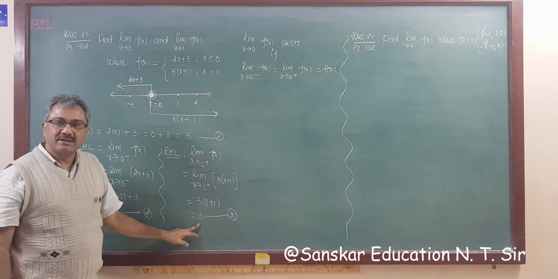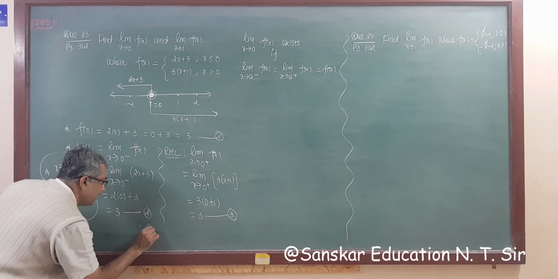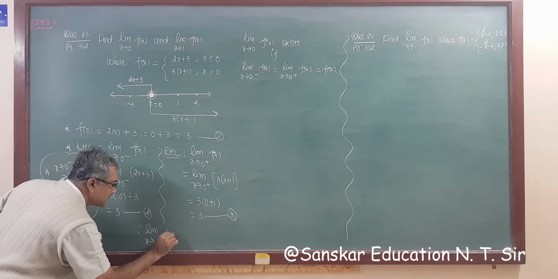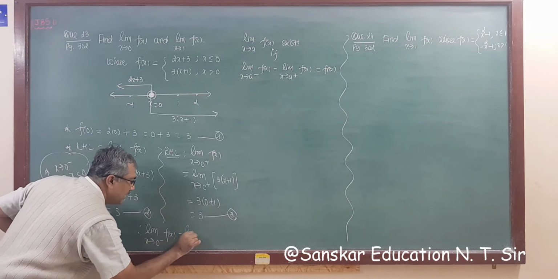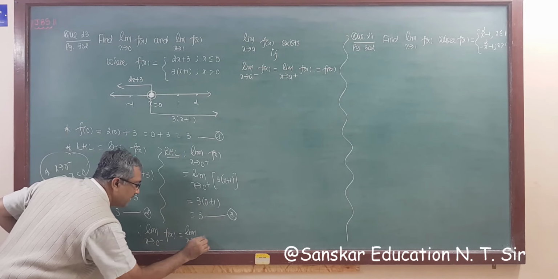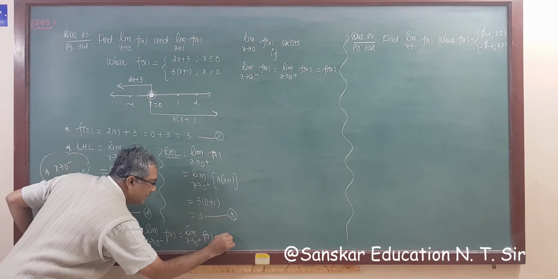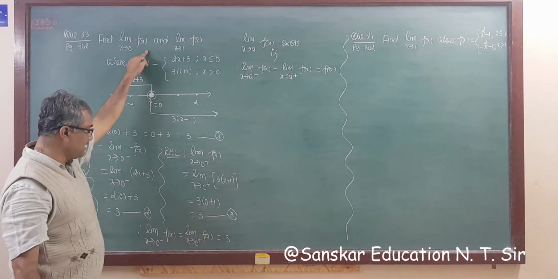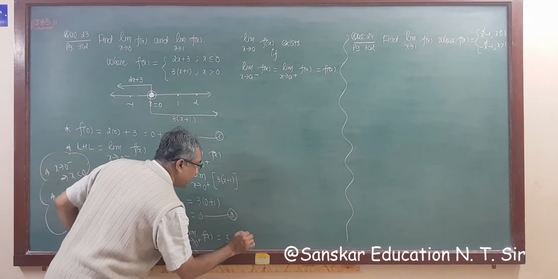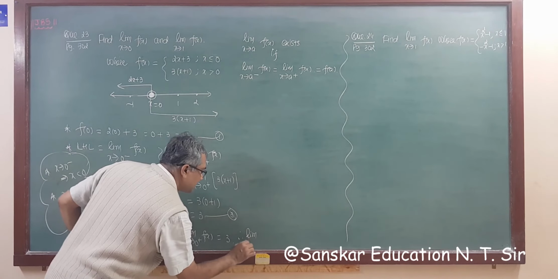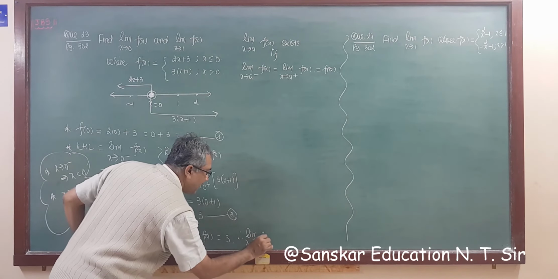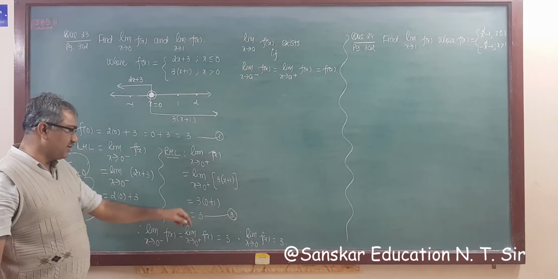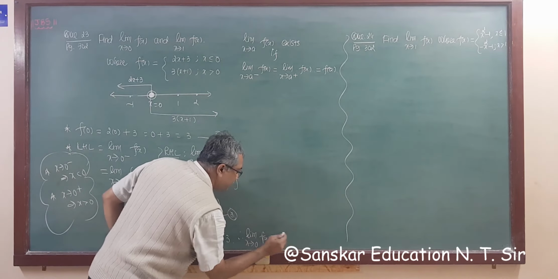Therefore, limit x tends to 0 from left f(x) is equal to limit x tends to 0 from right f(x) is equal to 3. So limit x tends to 0 f(x) is equal to 3. You can also write here, therefore limit x tends to 0 f(x) exists.